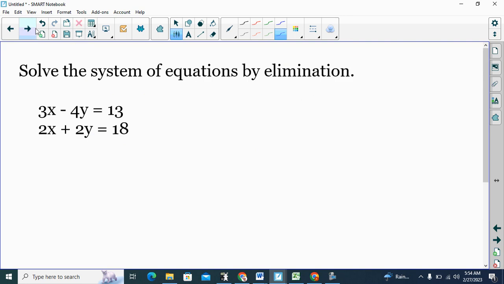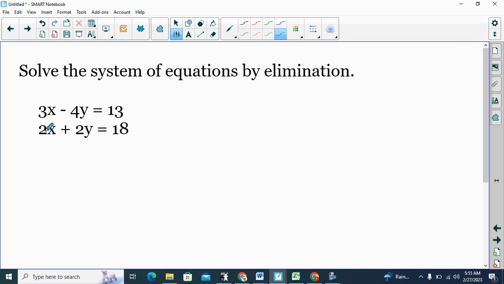And finally, the last type of problem we did was systems of equations by elimination. Solve by elimination. To solve by elimination, we want to add the two equations together so that one of the variables cancels out.